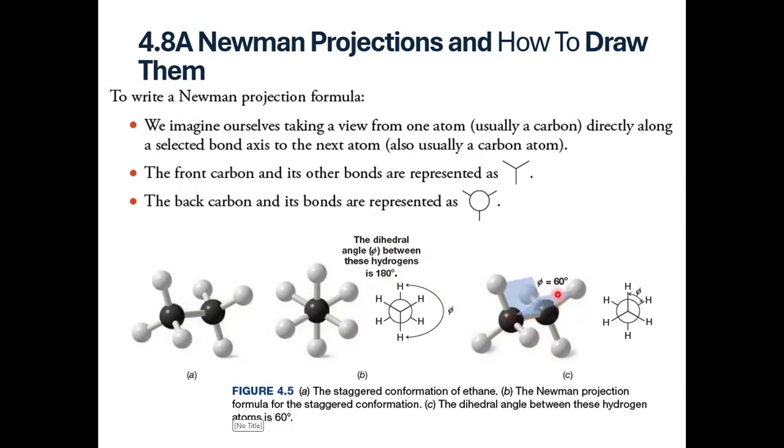If you look at 60 between these atoms here, we can use the Newman projection to see how the rotation between this bond actually happens.